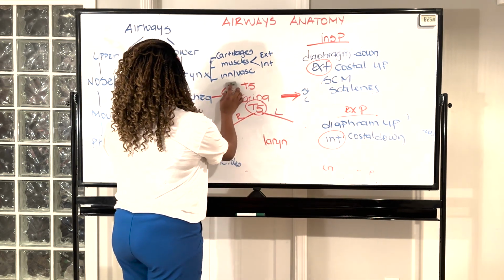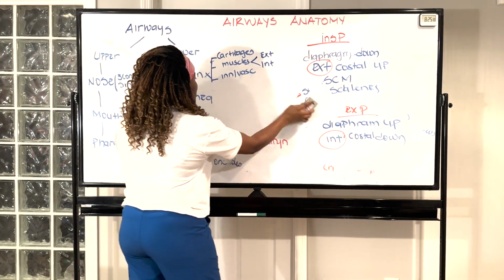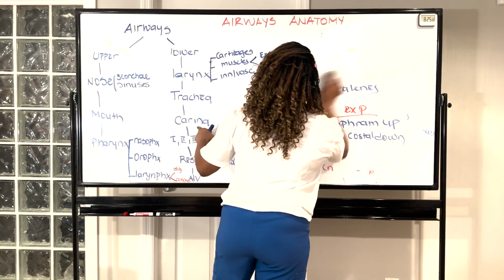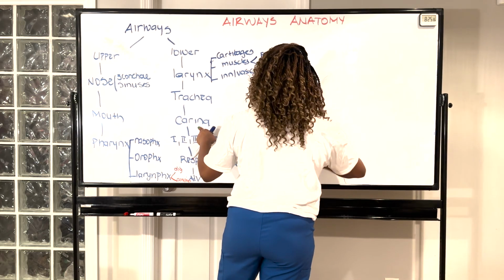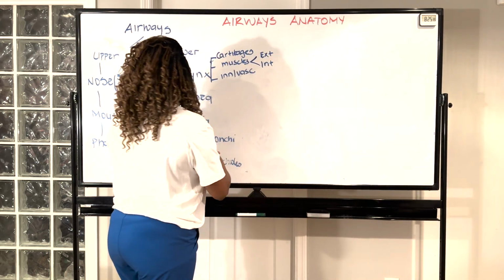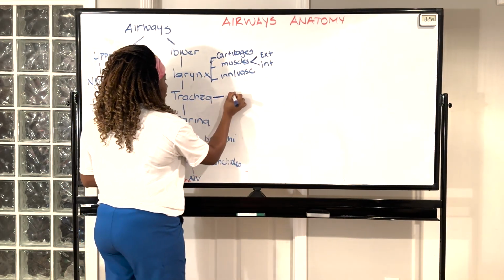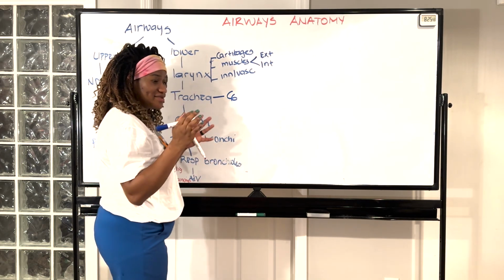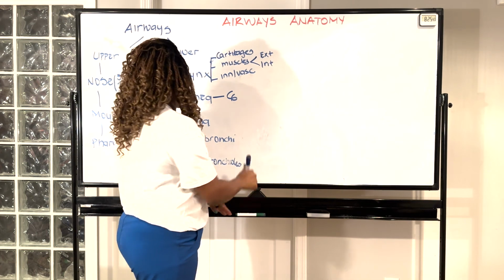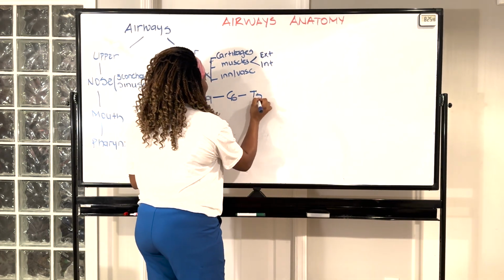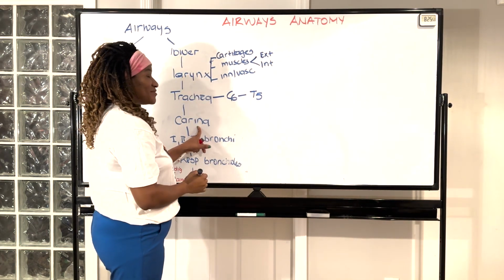Now let's talk about the trachea. We're going to briefly talk about the trachea. The trachea goes from C6, from the end of the cricoid cartilage, to T5. T5 is where your carina is.